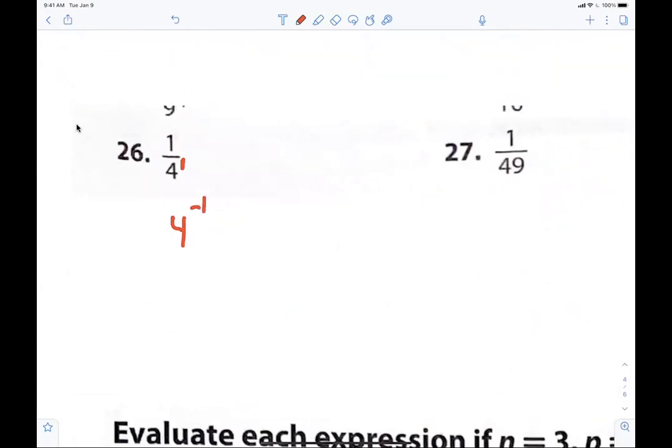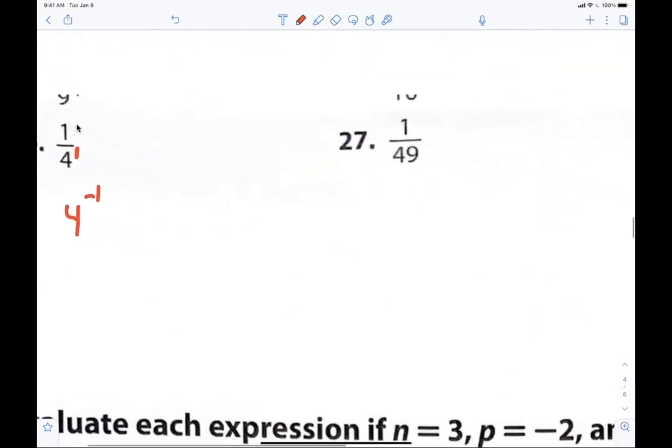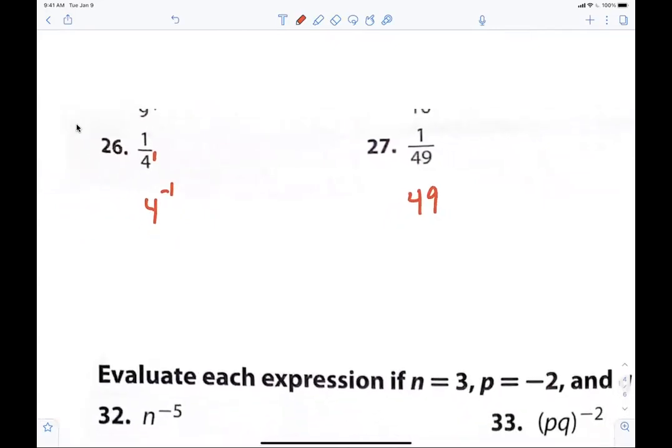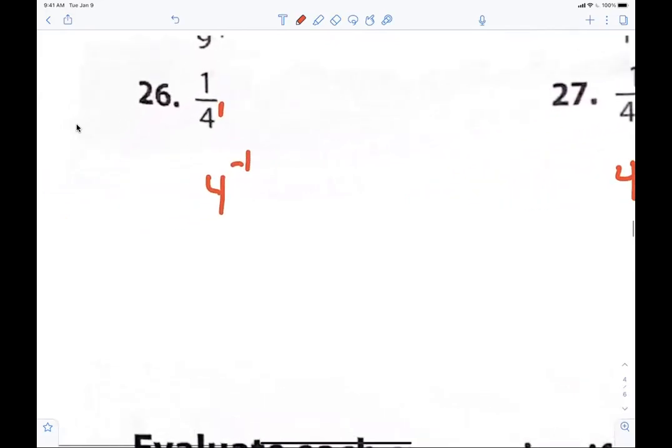You with me? So tell me what 27 would be. Say it again. No, the negative has nothing to do with the exponent. Come on.